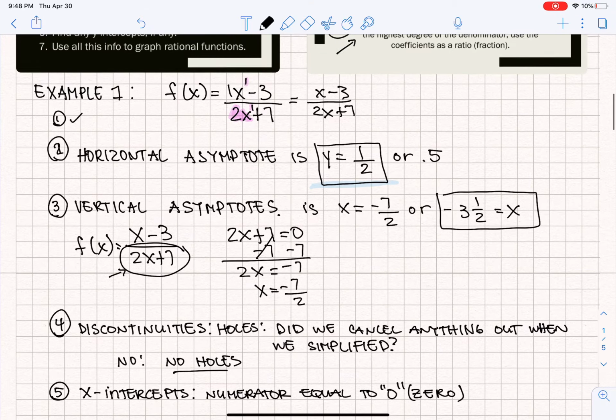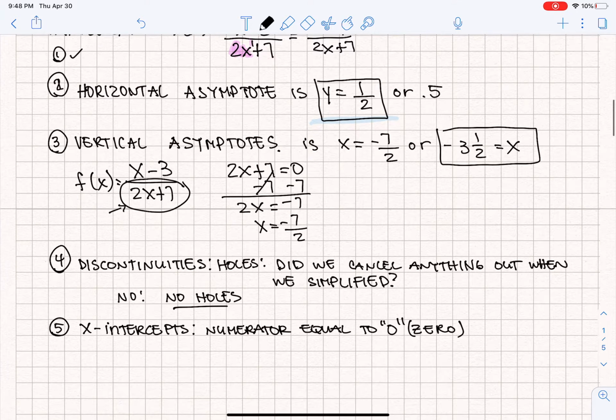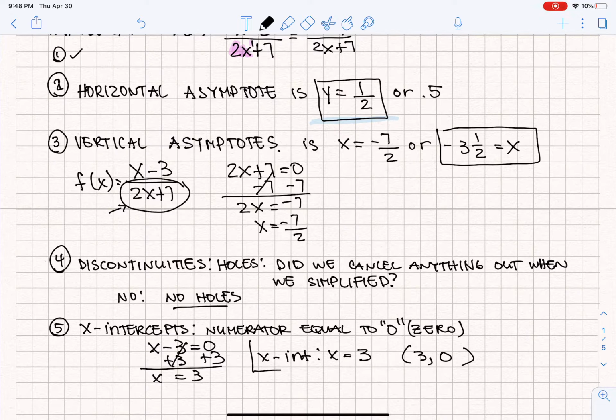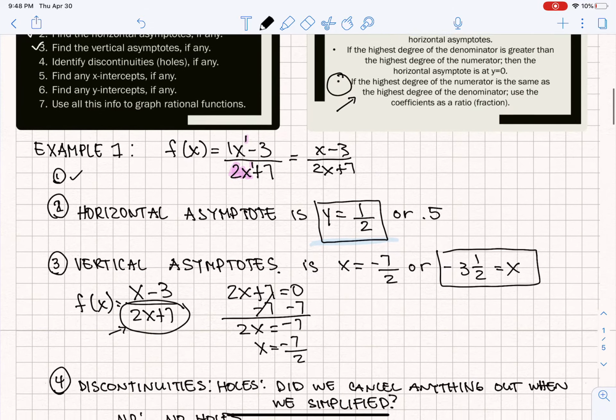All right, so let's see. Our numerator here is x minus 3. We set it equal to 0 and we solve for x. All right, so here we know that our x-intercept is at x equals 3. Okay, we could write that as an ordered pair. If x is 3, our y will be 0 for our x-intercept. Okay, so we got number 5 done.